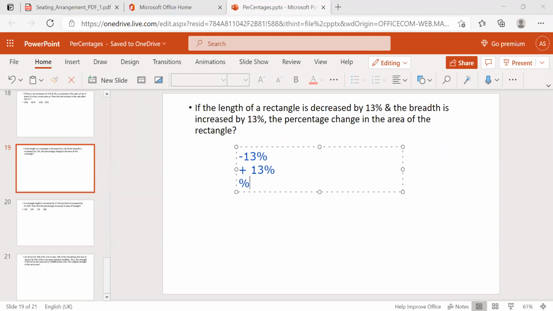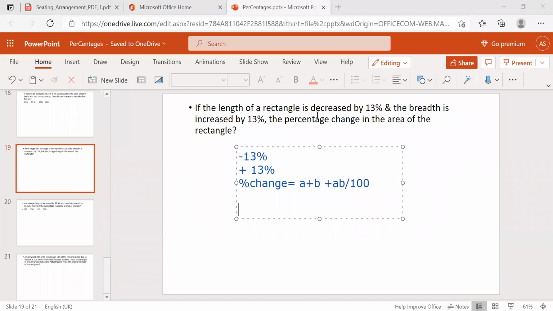Then what is the percentage change in the area of the rectangle they are asking? We have a formula for percentage change. A plus B plus AB by 100. Here also, this is the formula for percentage change. But here, we're not going to solve with this. By just looking, you can say, see 13% increases and 13% decreases, right?